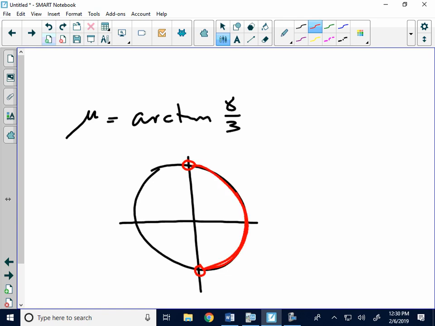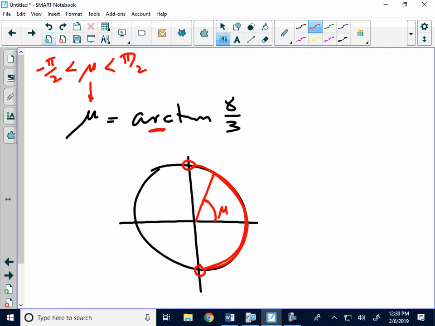So this mu is always going to fall between pi over 2 and negative pi over 2 every time, right? And this particular one, it says it's positive. We're probably somewhere up around here. This might be mu. Whenever you see an inverse trig function, think arc or angle.